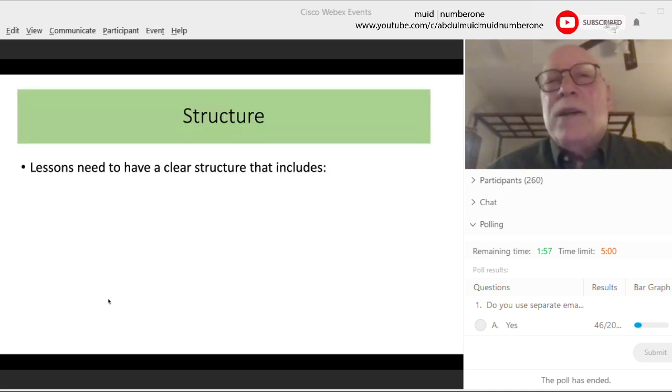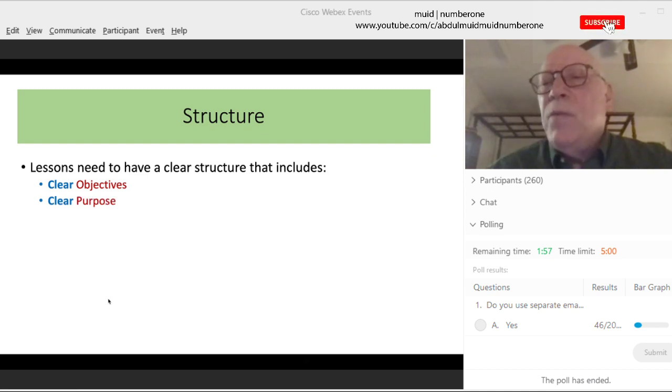So in your structure, lessons need to have clear structure that includes clear objectives. Students need to know what they're supposed to do and how they're supposed to do it, when they're supposed to do it. They have to have a clear purpose. What is the reason for doing this for them?